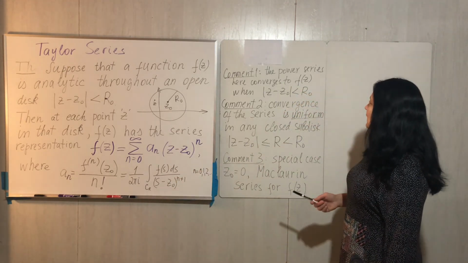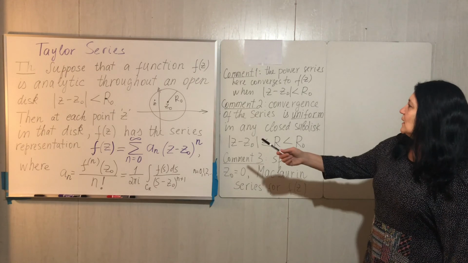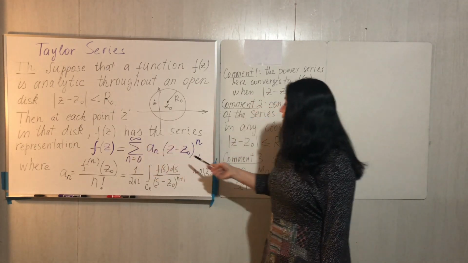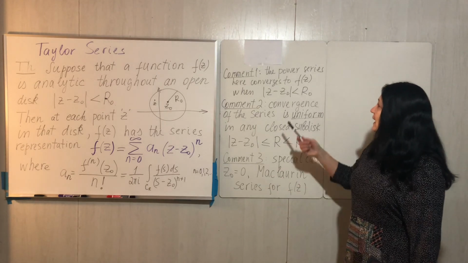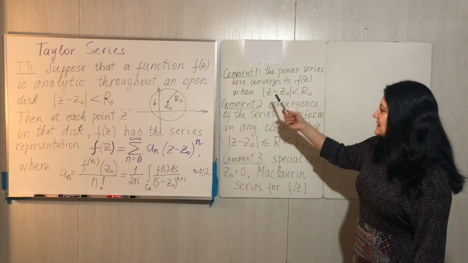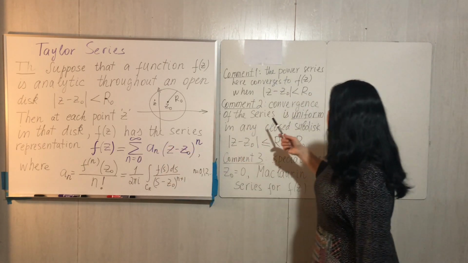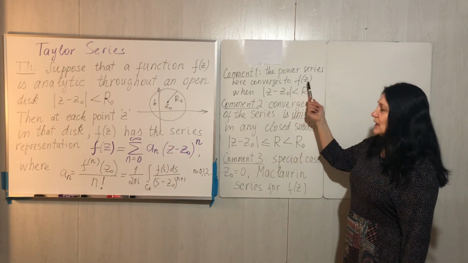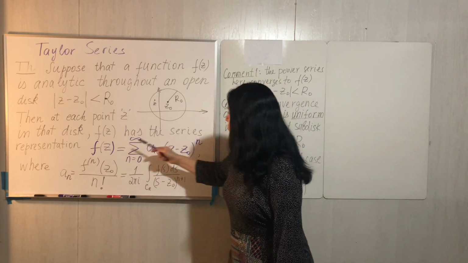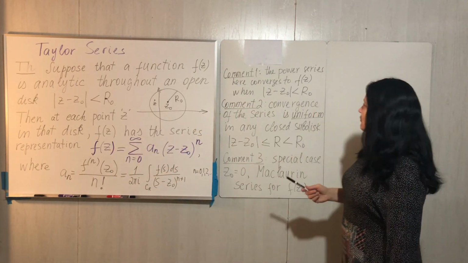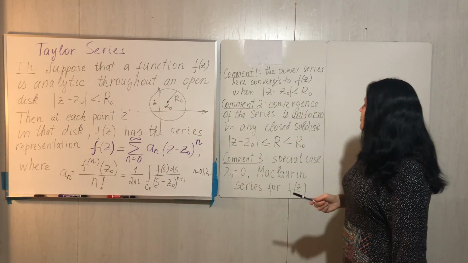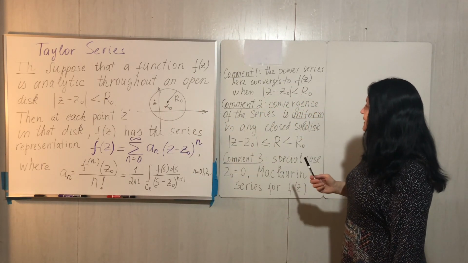So a couple of comments about this theorem. Of course, if we write that our function has a Taylor series representation, it means that this series converges to our function f of z, right? So if we look from right to left, this series converges to our function f of z if z is inside this disk.